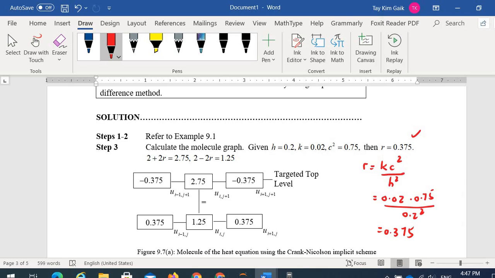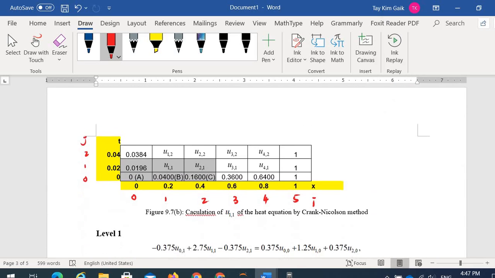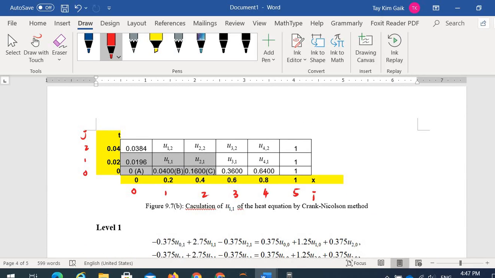Now we are going to apply this molecule to the grids. In this molecule, we have negative 0.375 here, this is u i minus 1 j plus 1. And we have 2 plus 2r, which is 2.75 u i j plus 1 in the top level.